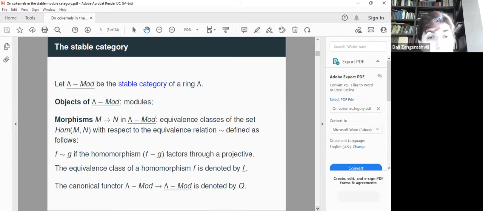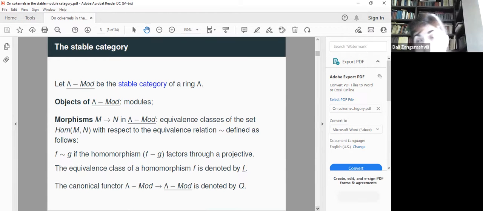Objects of this category are all modules, and morphisms from M to N in this category are equivalence classes of the set of all homomorphisms from M to N with respect to the equivalence relation defined as follows. F is said to be equivalent to G if the difference, F minus G, factors through a projective.